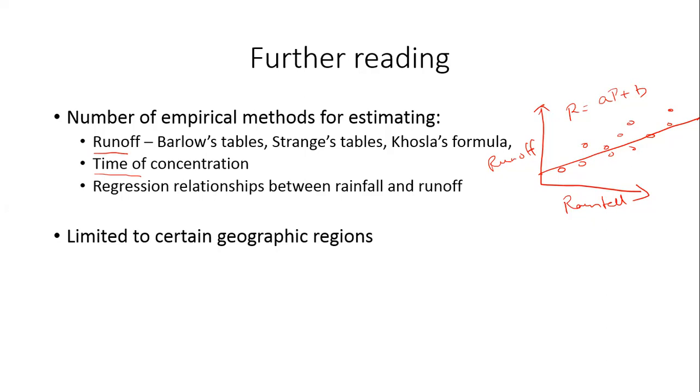All of those methods are relatively physically based, right? So you can use that approach wherever you are in the world. But these other empirical approaches are only applicable to certain geographic regions. So we're not discussing that in the class.